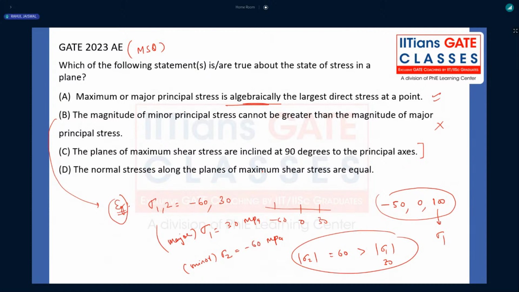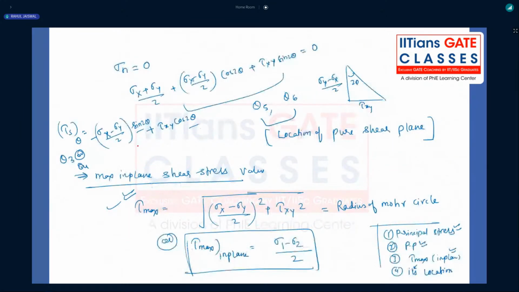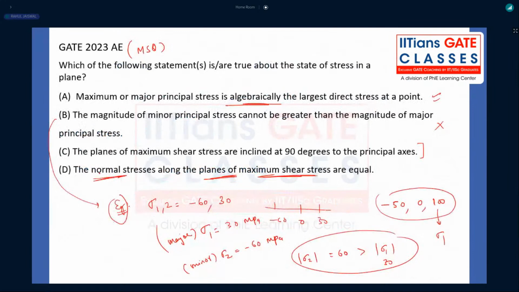They are talking about the location of the maximum shear stresses, that means the normal stresses acting on the planes of maximum shear stress, sigma n star. They ask whether these are equal or unequal. They are talking about sigma n star, that is equal. This statement is also correct. All of you are getting my point?